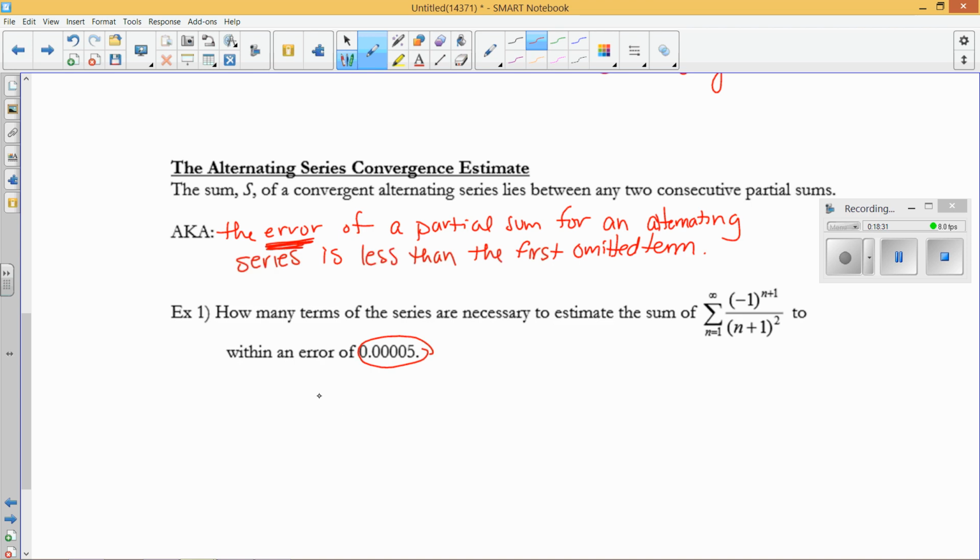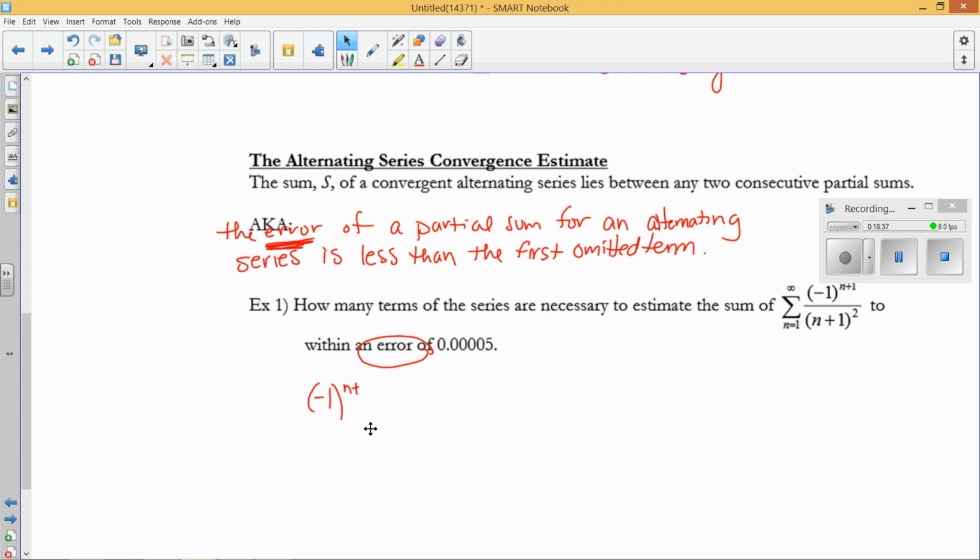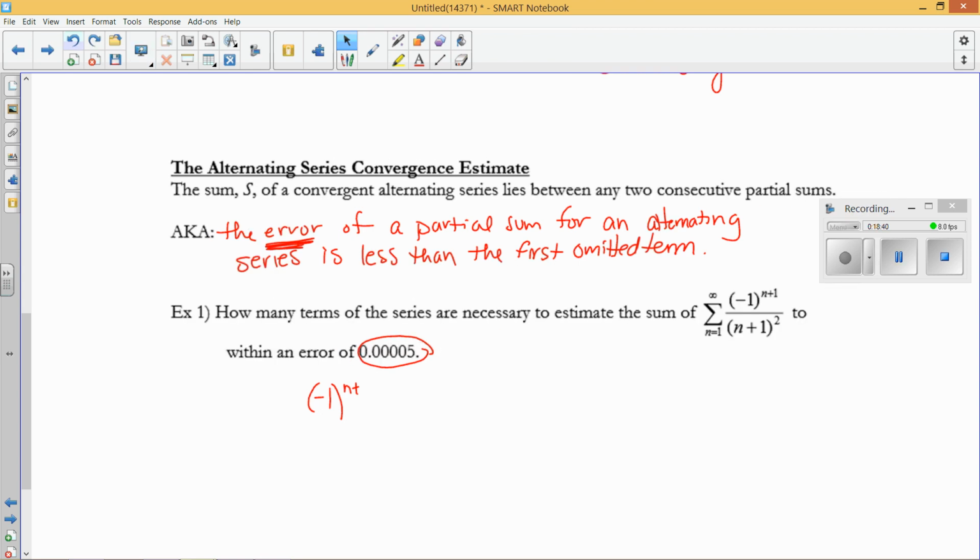So I would basically want to know negative 1 to the n plus 1 over n plus 1 squared. I want to know when this is less than or equal to 0.00005. So we can just make this an equation.